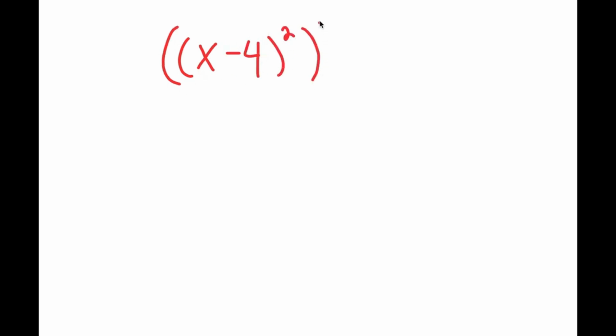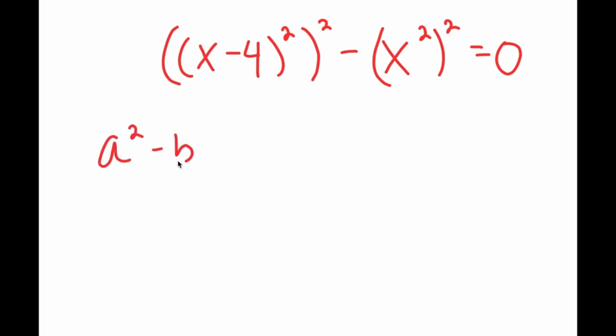Now from here, this is going to turn into ((x − 4)^2)^2 − (x^2)^2 = 0, because I just subtracted (x^2)^2 on both sides. And now I can use the property a^2 − b^2 = (a + b)(a − b).